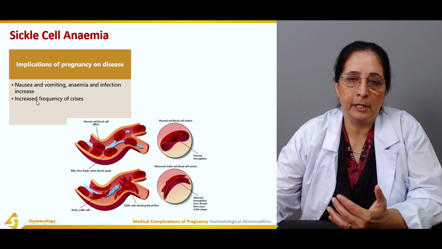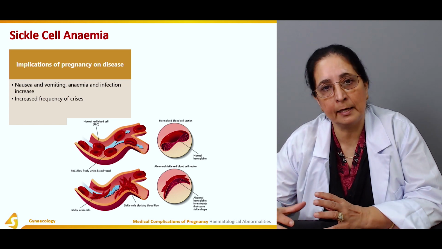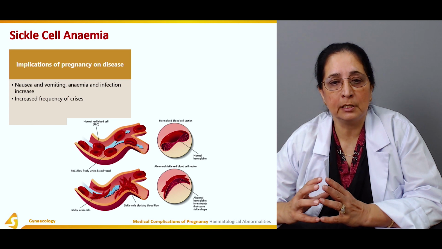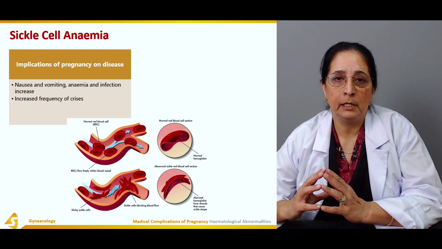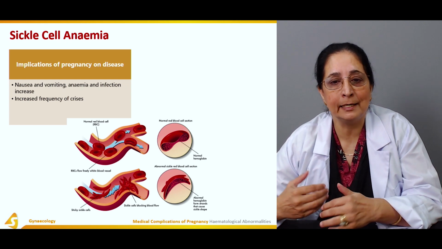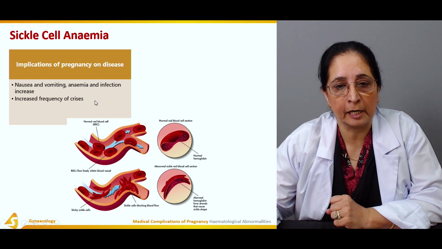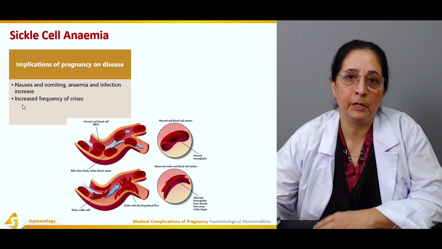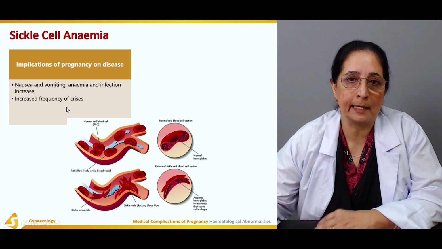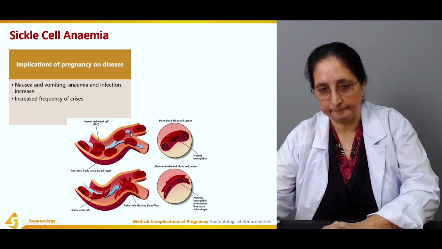So if the patient has sickle cell anemia and she gets pregnant, the effects of pregnancy on the disease will be an increase in anemia, an increase in infection, and an increased frequency of sickle cell crisis associated with pregnancy.